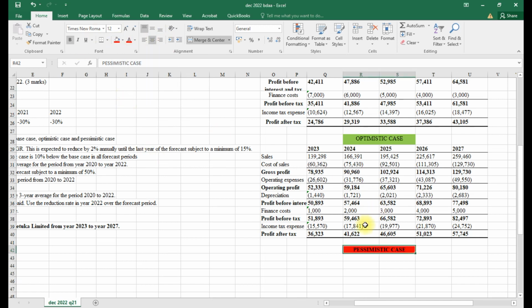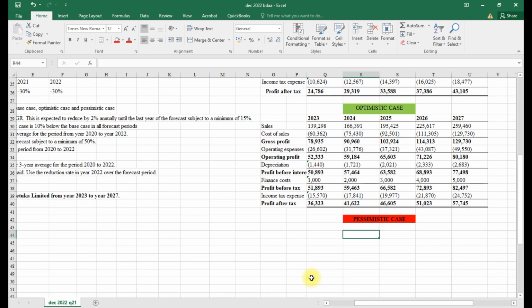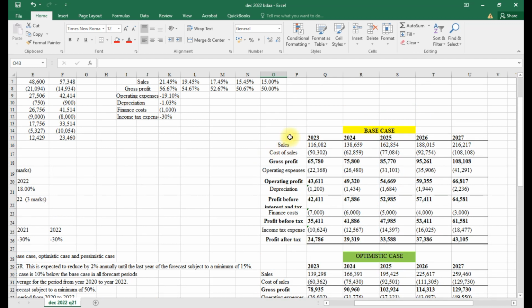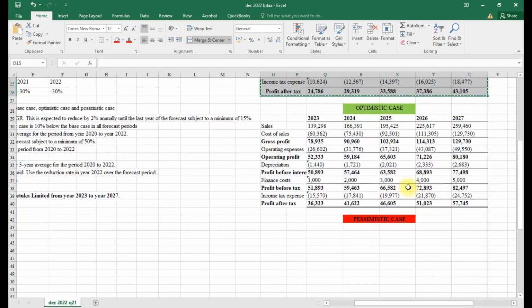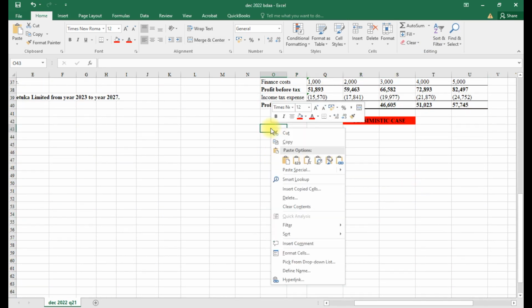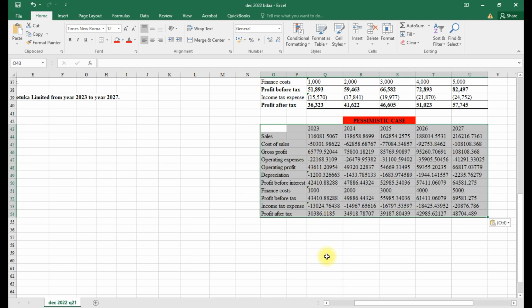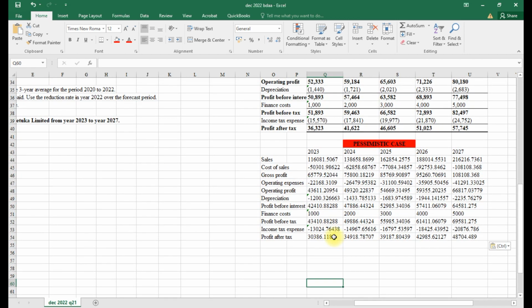I can use red for the pessimistic case, and I will come and paste whatever I had there. So I'll copy the initial one, and I come and paste it here, plus the formulas.